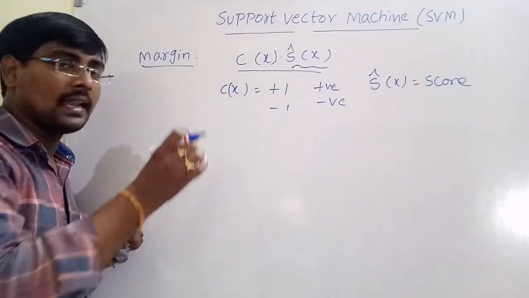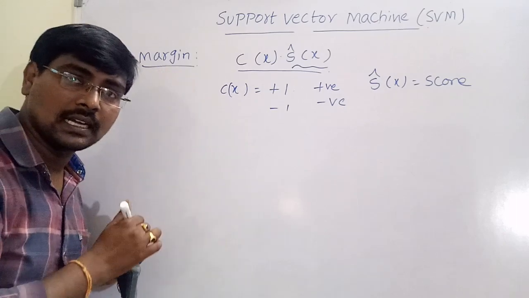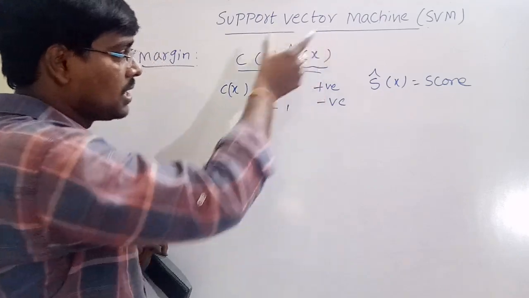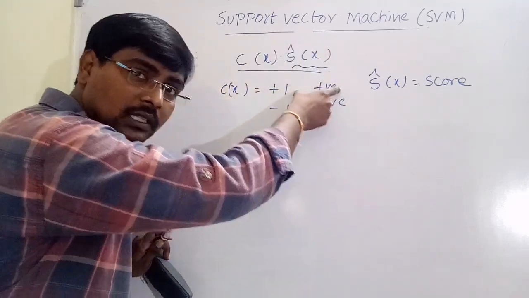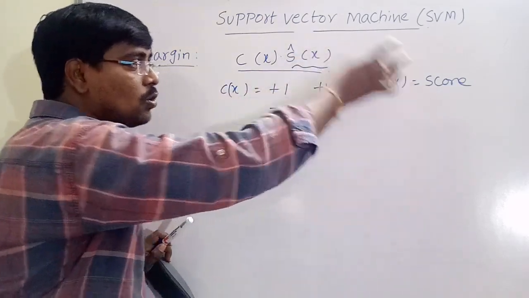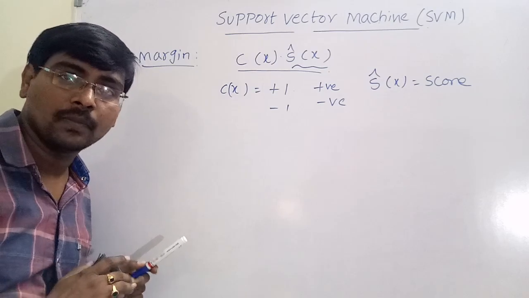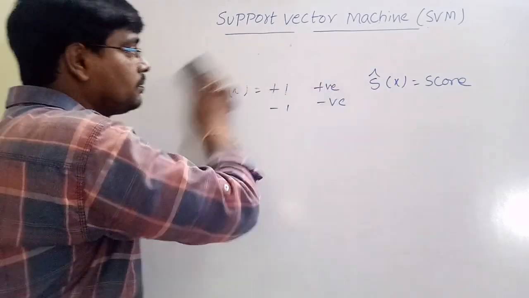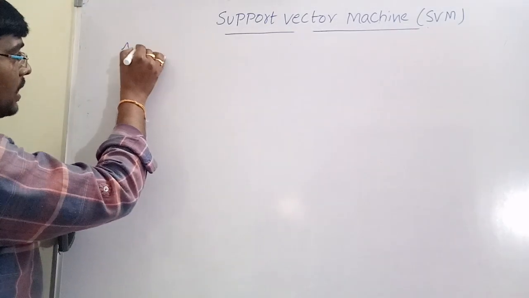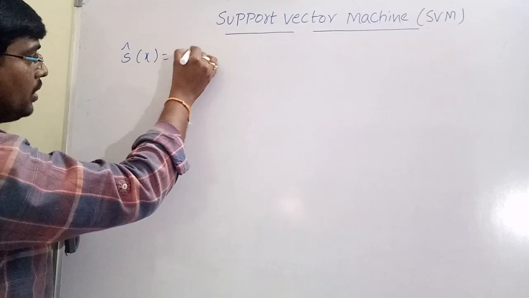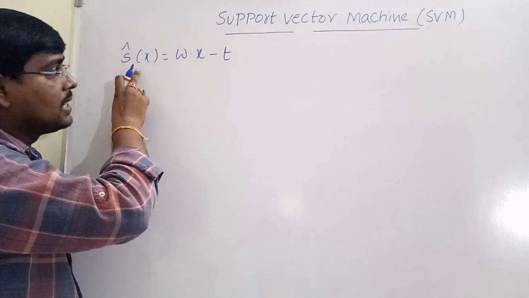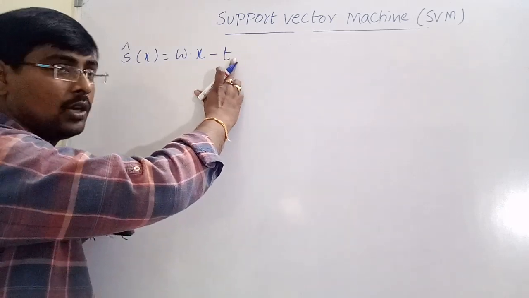So the margin of an example is assigned by the scoring classifier as C of x into S cap of x. C of x is +1 for a positive example and -1 for a negative example, and S cap of x is the score assigned for that example. For example, assume S cap of x is equal to W into x minus t.